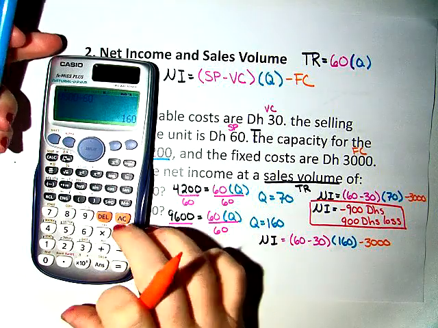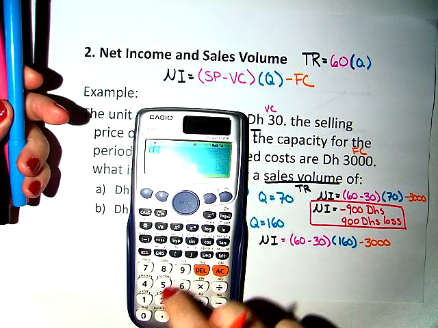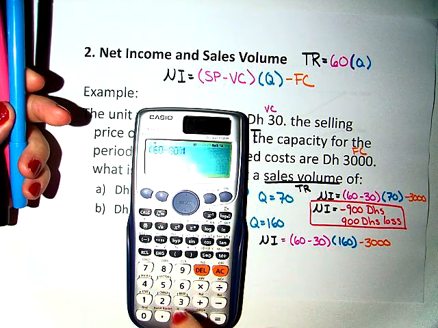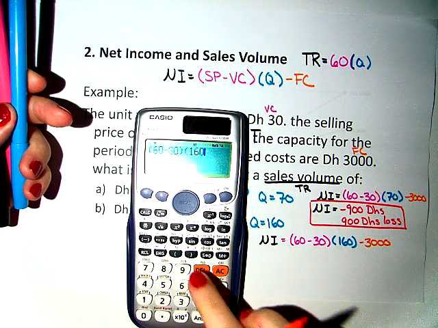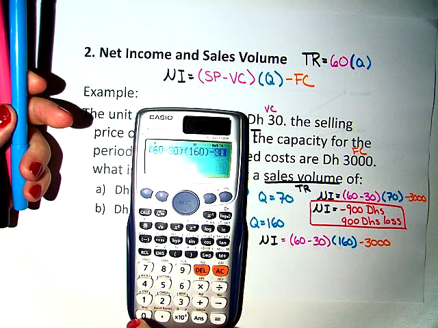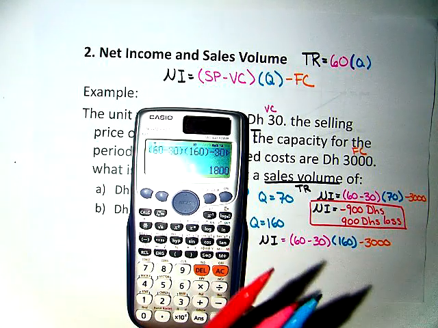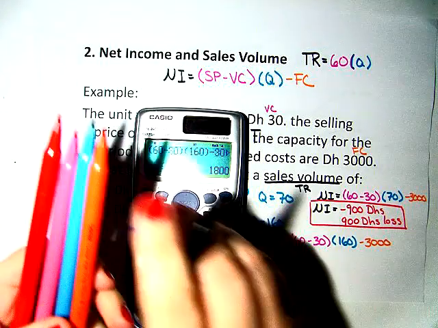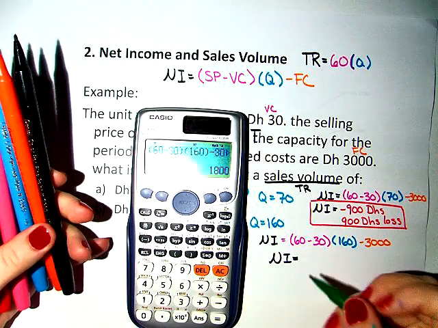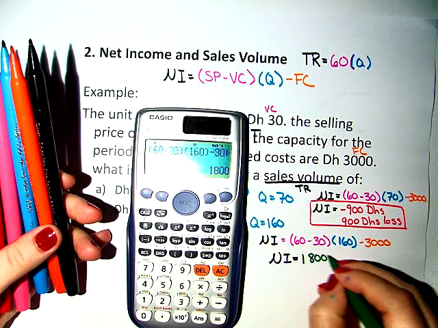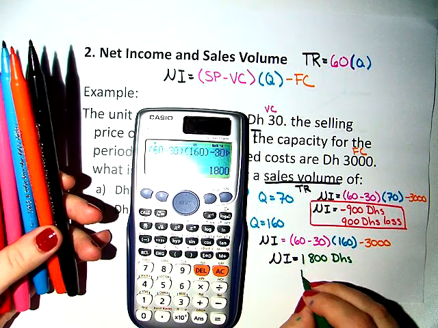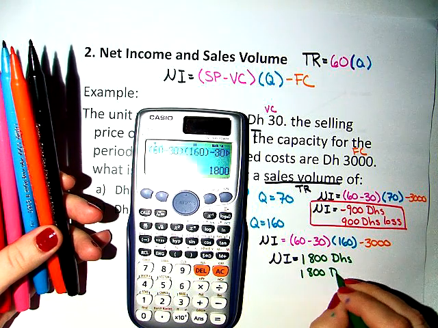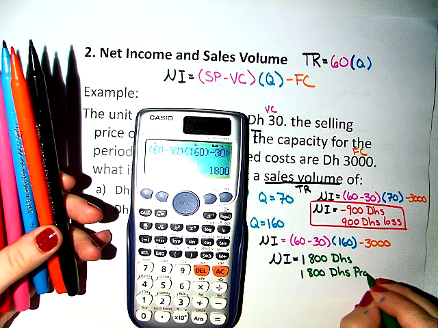So we'll put that into the equation just as we see it. 60 minus 30 times 160 minus 3,000. And we get that the net income is a positive 1,800 dirhams, or 1,800 dirham profit.